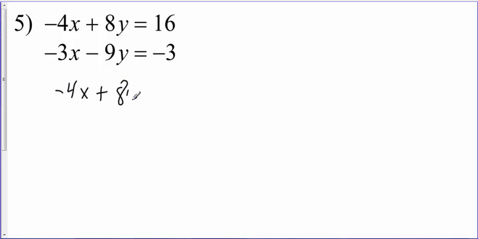So when you get into this scenario, I normally just look at my x's, okay? And I ask myself, what would be a number that both 3 and 4 could go into or be multiplied to make? 12 is what I've come up with.